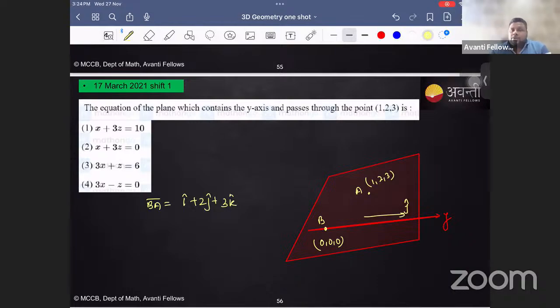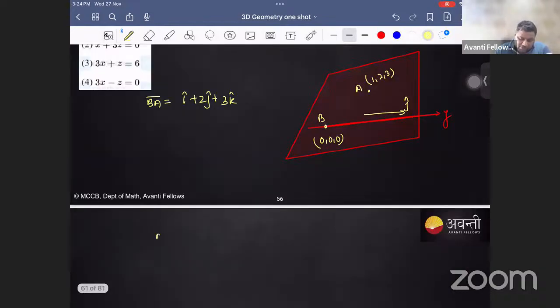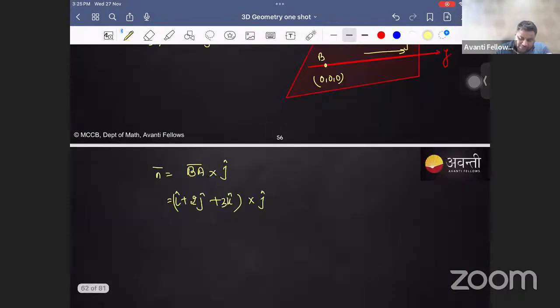Now, I told you, first of all, my priority is that this plane should have a normal. We should know the normal. So normal will be what? Normal will be BA cross j cap. So that is i cap plus 2j cap plus 3k cap cross j cap.